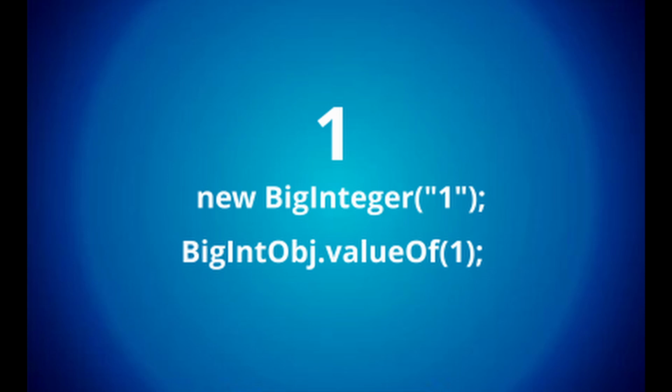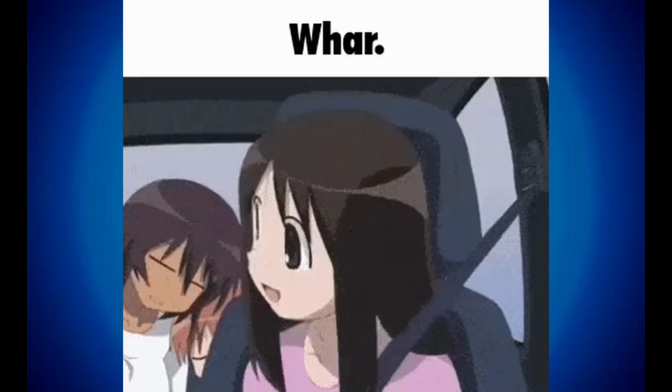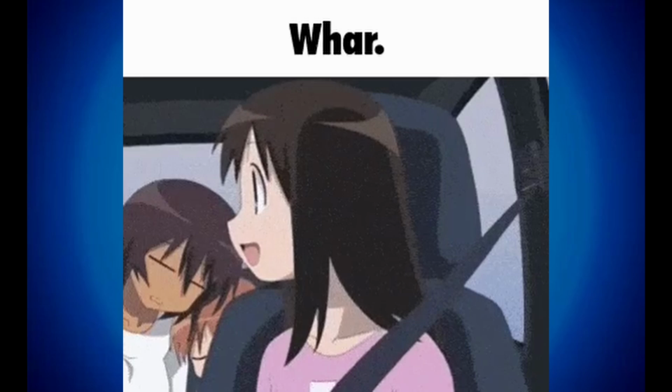Actually, there's a shortcut for this. Normally you have to create an object or do conversions, but there are some static fields in BigInteger that allow us to directly call the constants 0, 1, and 10.